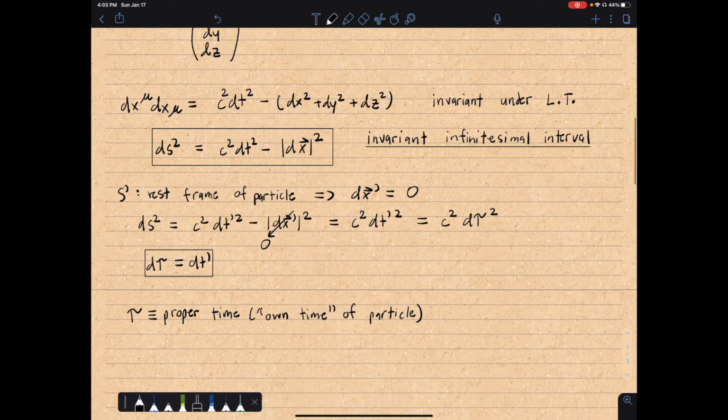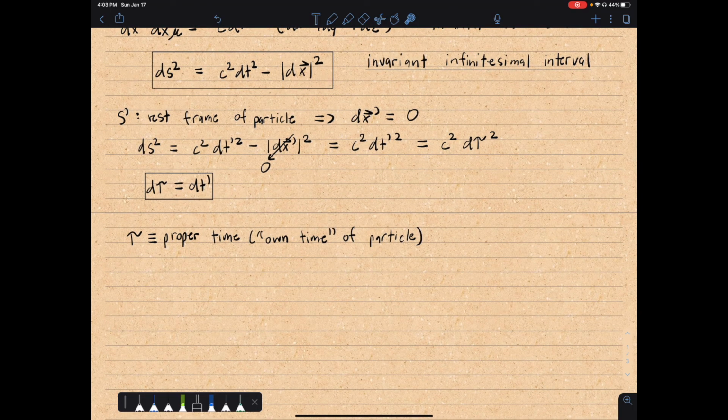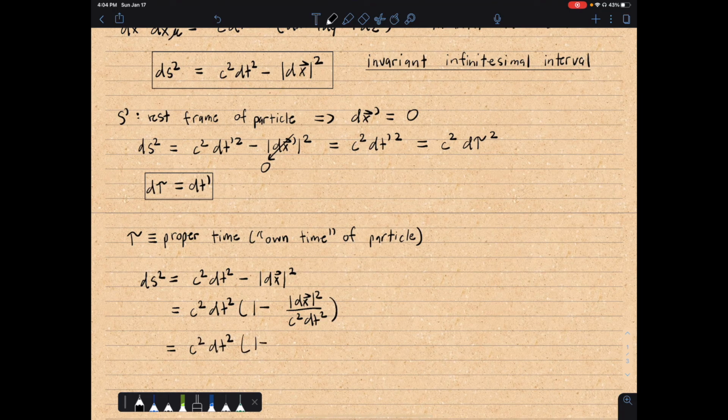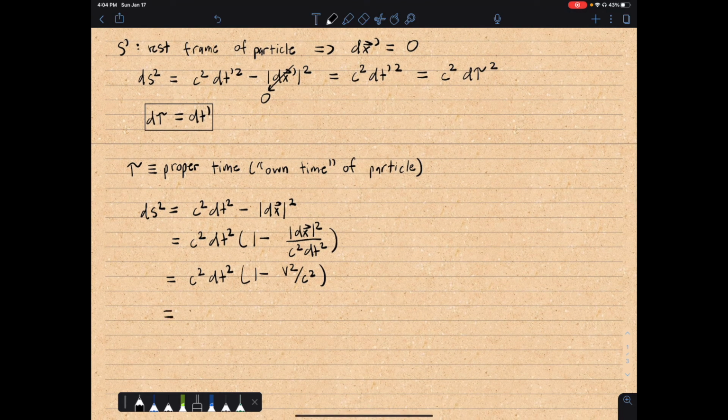So to do that, we're going to rewrite this invariant infinitesimal interval in a slightly different way, where beta is defined as v over c.